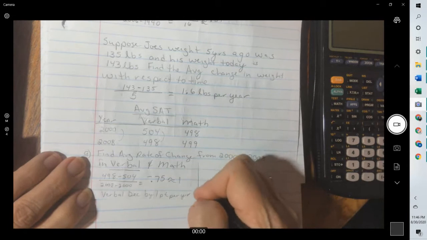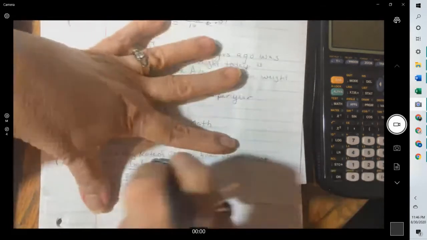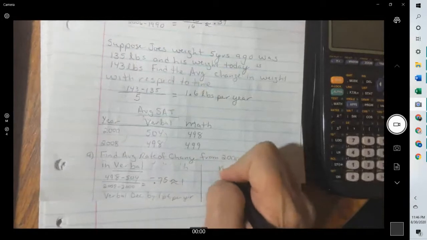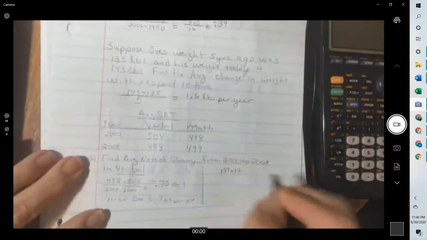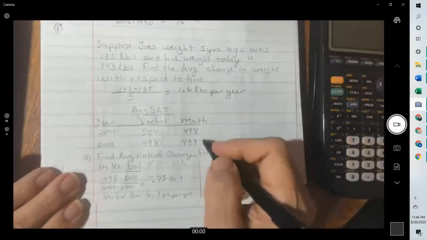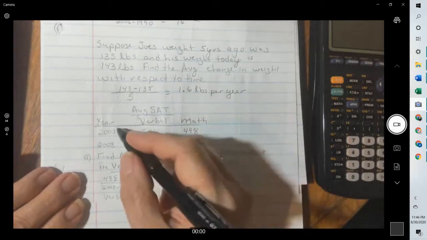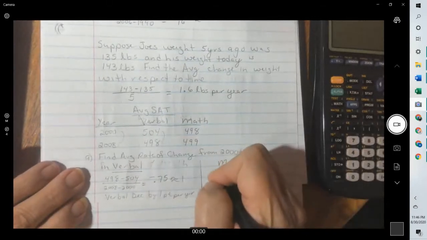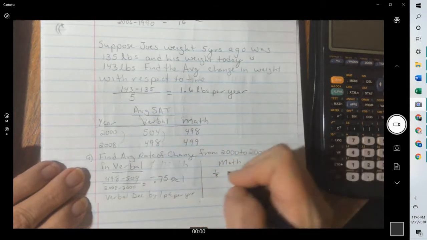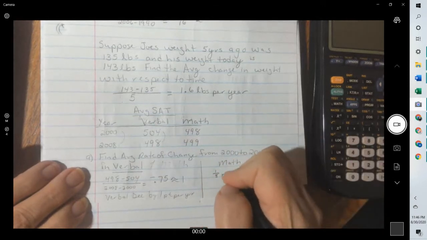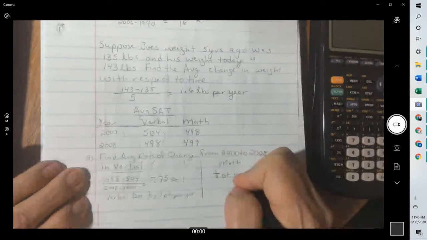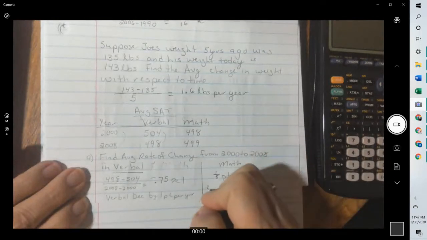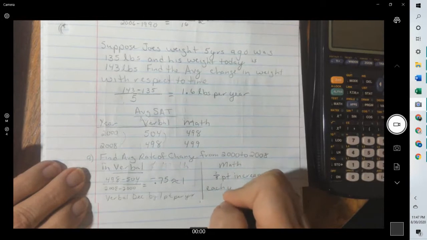So verbal decreases by 1 point per year. And we'll put math over here. We can see math is increasing by 1 every 8 years. So 1/8 of a point, it increases each year.